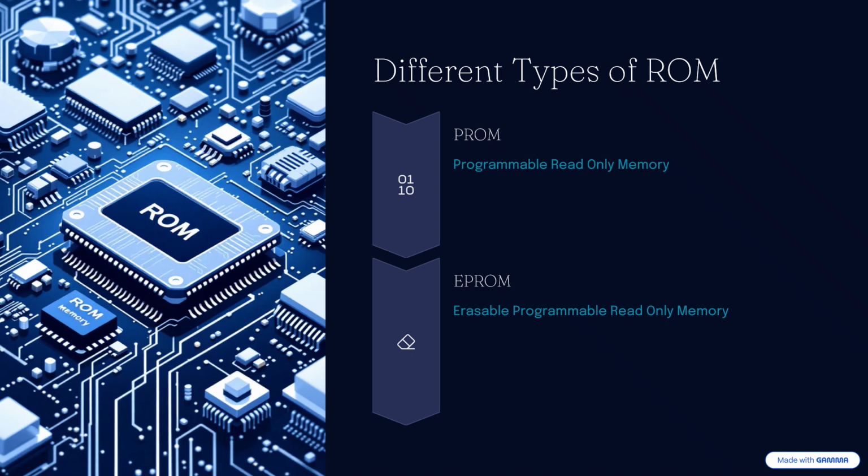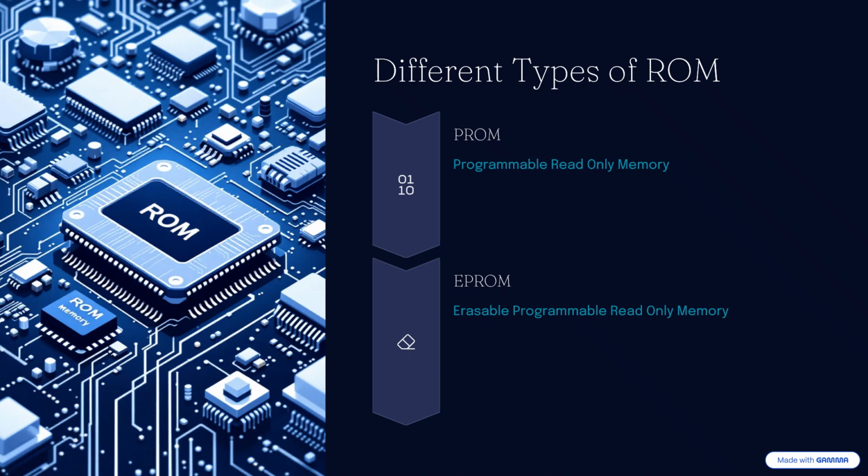One is called programmable read-only memory. Programmable read-only memory is a type of ROM that can be programmed once by the user using special equipment. Once programmed, the data becomes permanent. It cannot be modified.